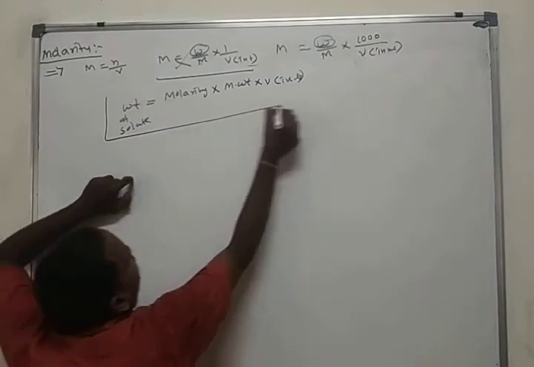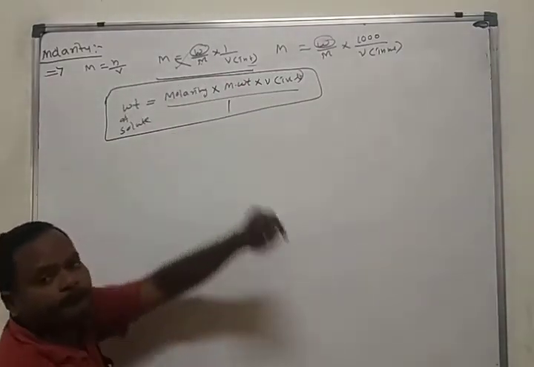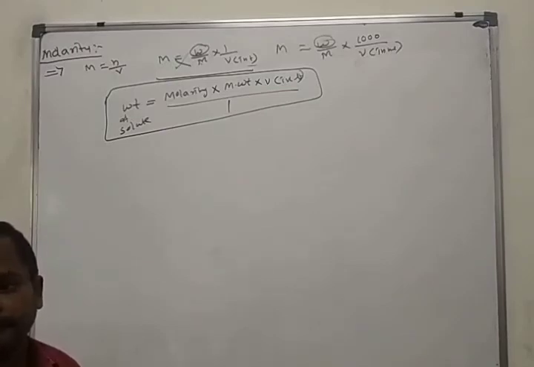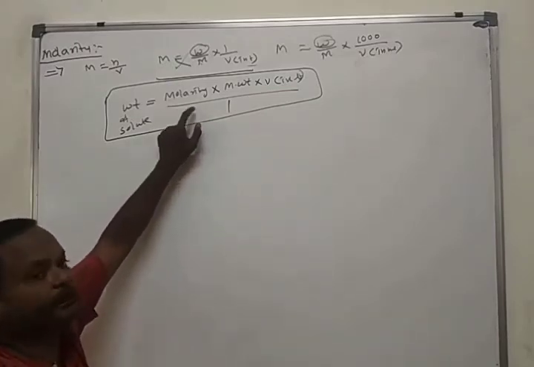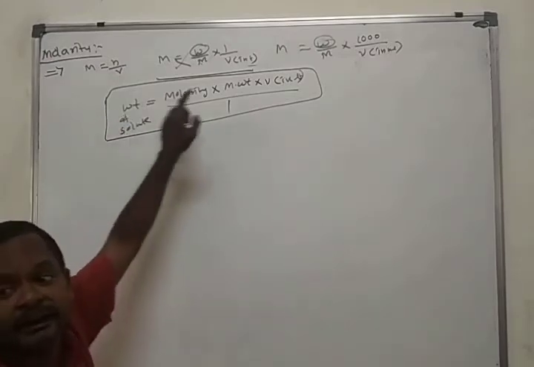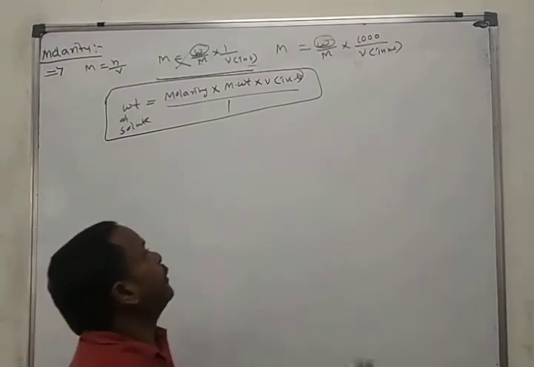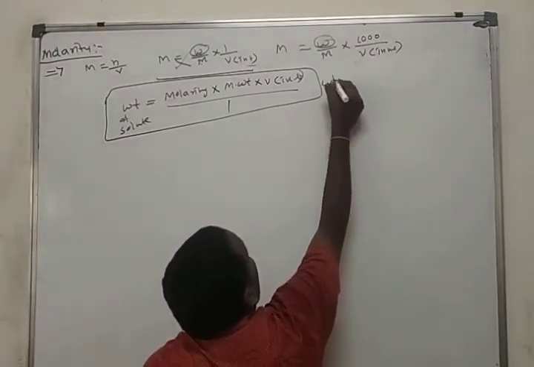By using this principle, we will calculate the weight of the solute by 1. Neglect the 1. By using this principle, we will calculate the weight of the solute if data is given in liters. We'll do some problems on this one. Here also the same, weight of solute.